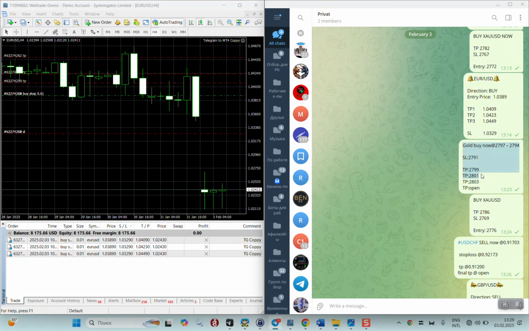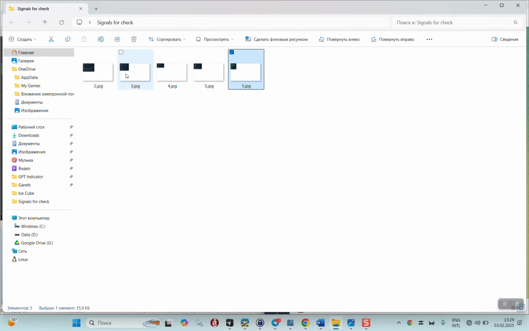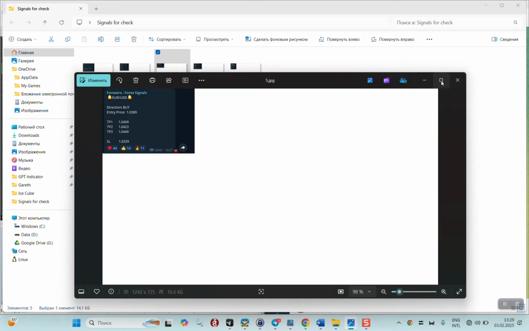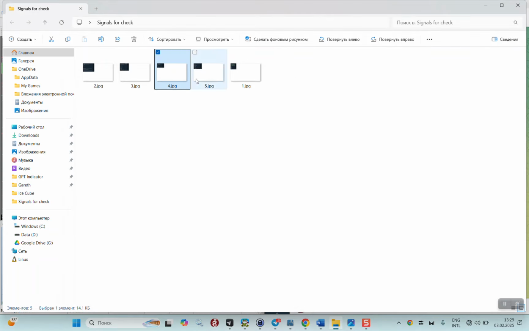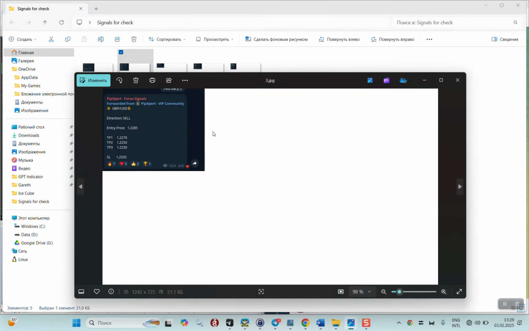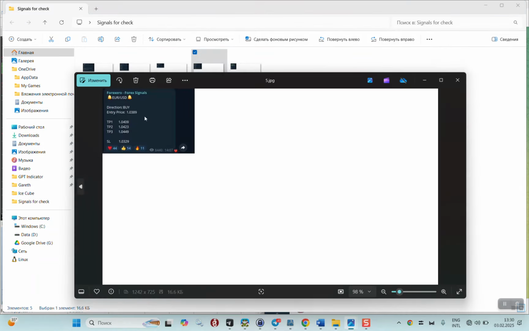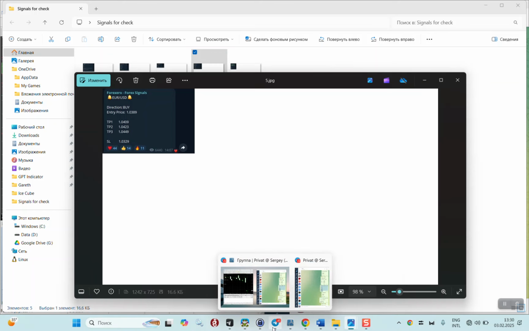Okay, and this is your message. I think this is the message for your screenshot, because the third picture, fourth picture, and fifth picture are the same, like we opened it.